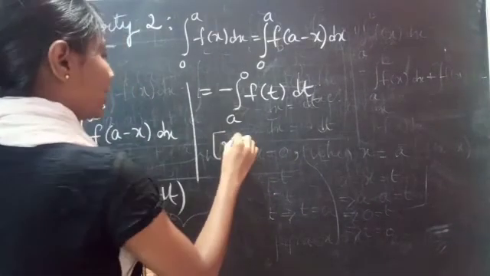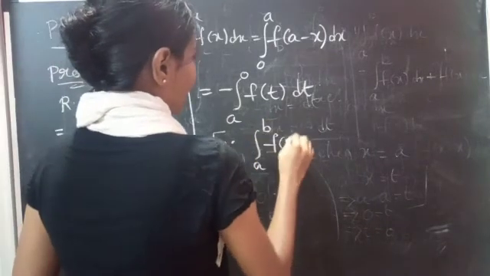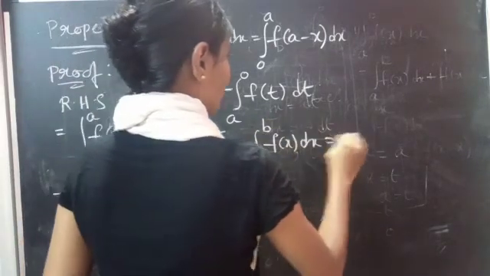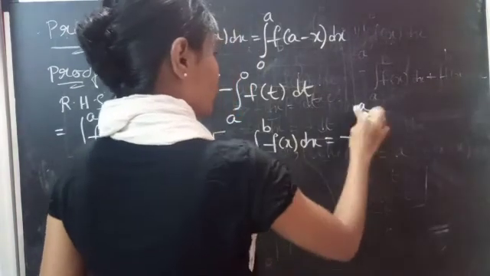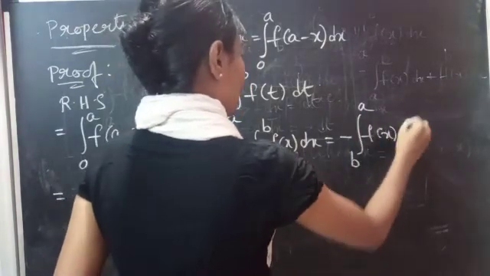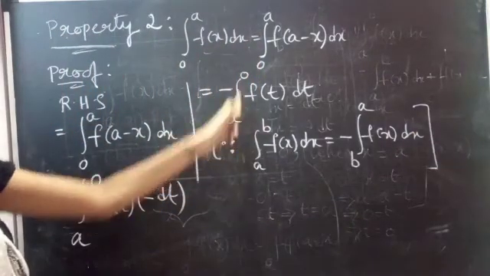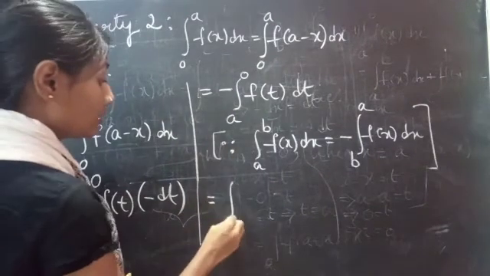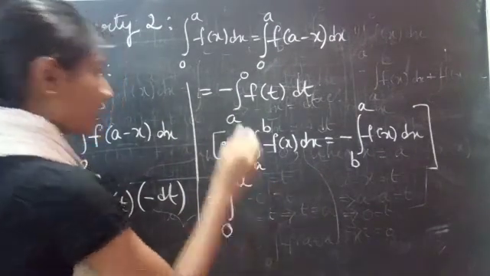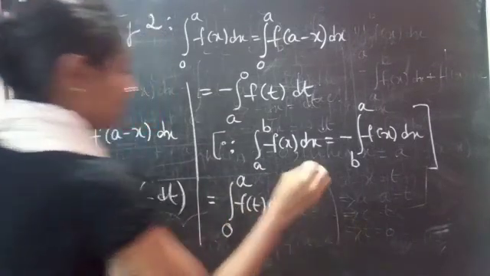Since you know that integral a to b f of x dx is equal to minus integral b to a f of x dx, to remove this minus we get integral 0 to a f of t dt.